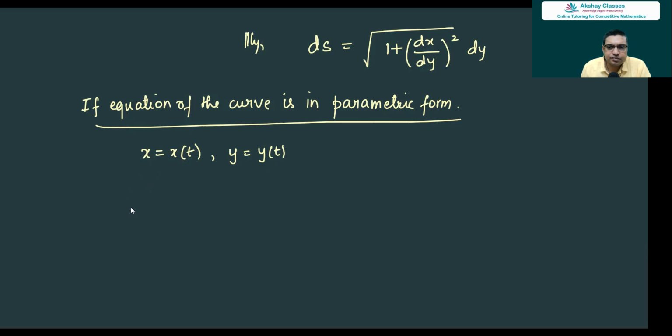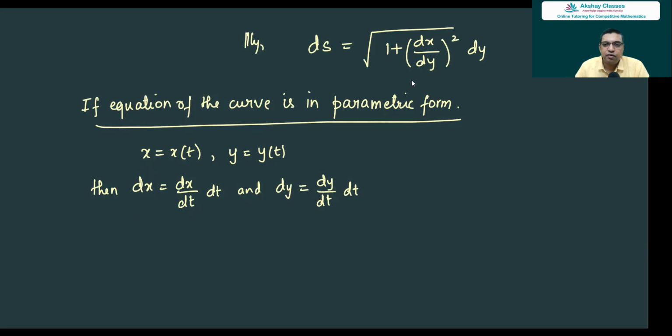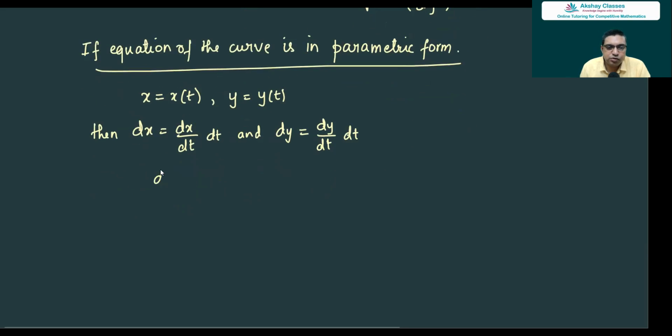Then simple. dx will be dx upon dt times dt, and dy is equal to dy by dt times dt. So from here, dy by dx is dy upon dt by dx upon dt.